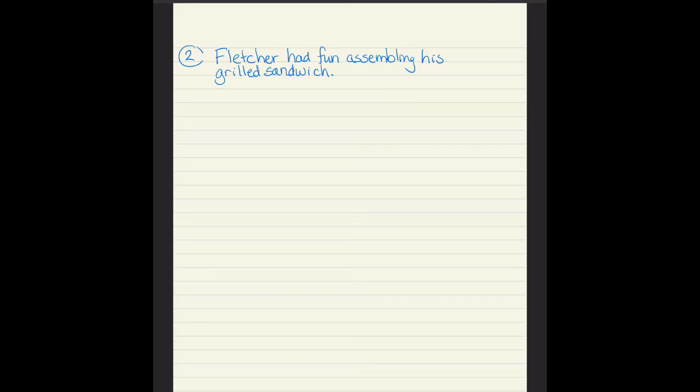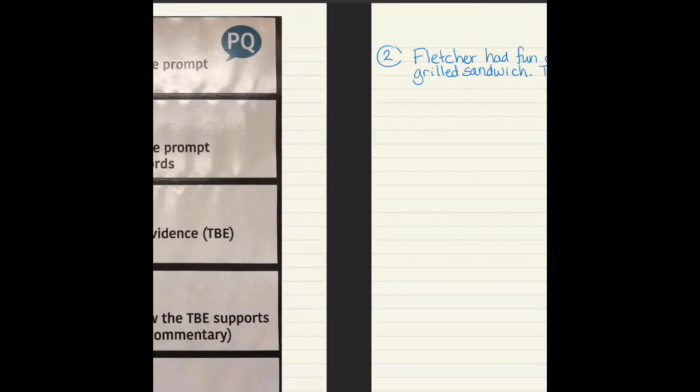Now I'm going to give my text-based evidence. And this time I'm actually going to use a quote. That's something that I would like all fourth graders to start doing. It's definitely a fifth grade skill, and there's no reason why you shouldn't, as a fourth grader, start quoting the text. So I'm going to say, the story states, so now I'm on my yellow. The story states, comma, and now I'm going to quote directly from the story.